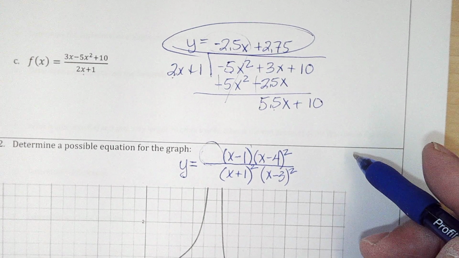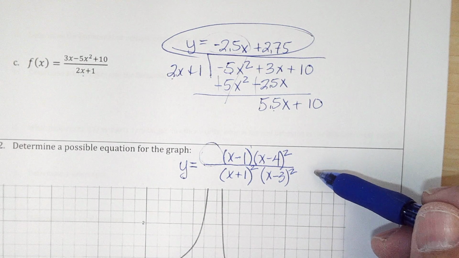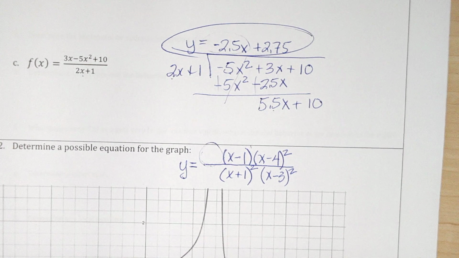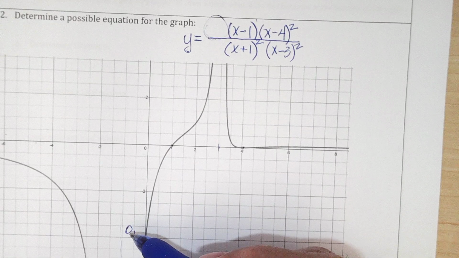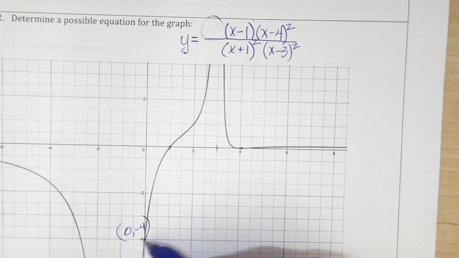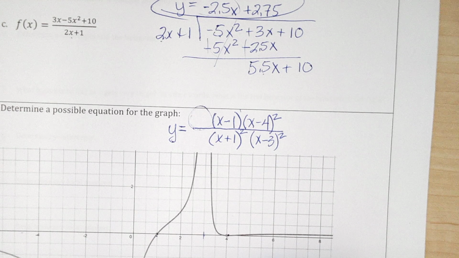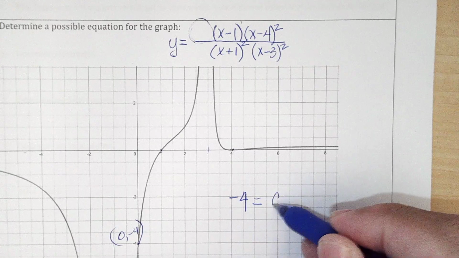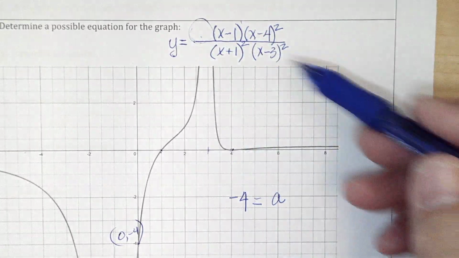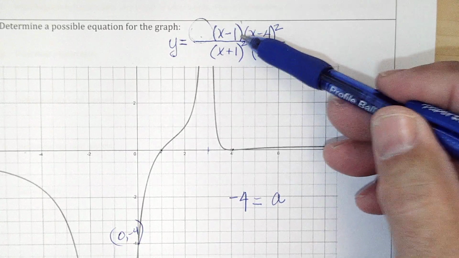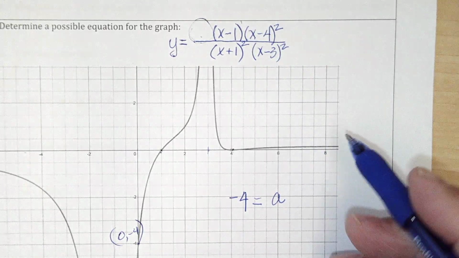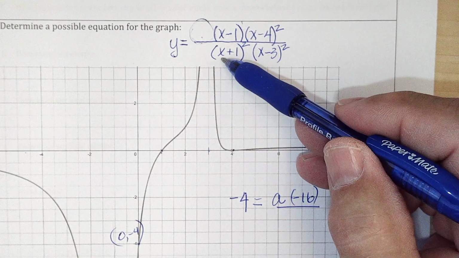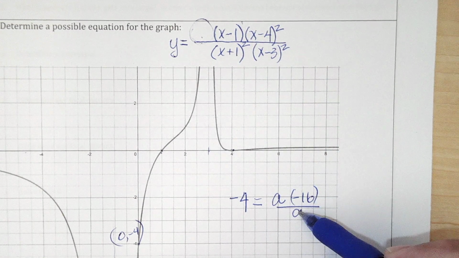And if that's the case, then I should be able to figure out the coefficient using, I see it goes through 0, -4. So I've got to come up with -4 when x is 0. So there's something here, A, I can call it, and I've got to put in 0, which would be negative 1 times 16, so negative 16 over, if I put in 0, I get 1 and 9, so 9.